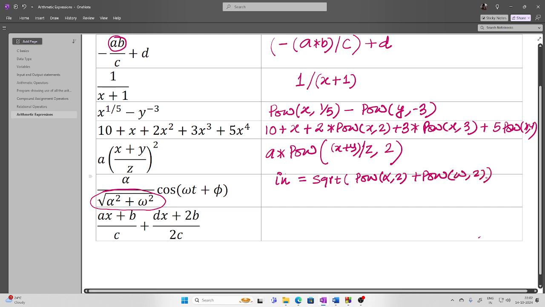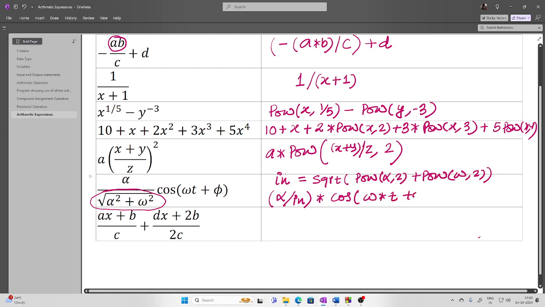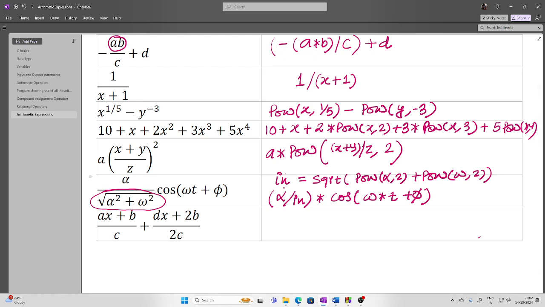That's it, done. And then you can write this final expression as alpha divided by in, multiplied by cosine of omega times t plus 5. That's it, simple. So always try to break the bigger expression into smaller ones.